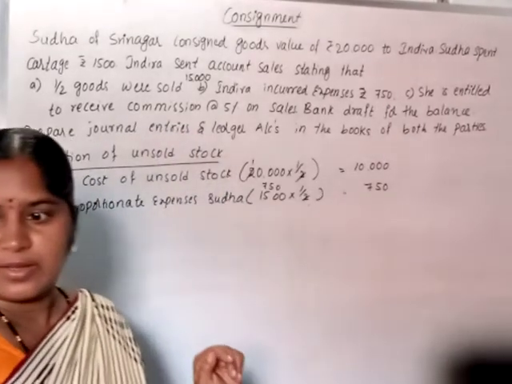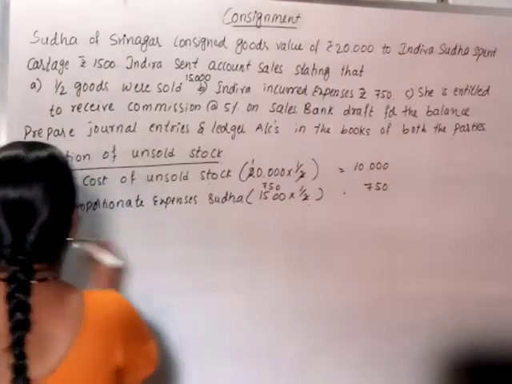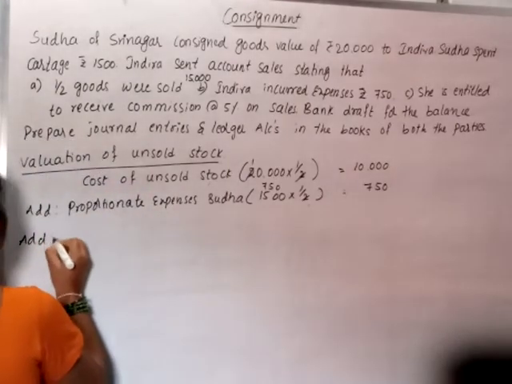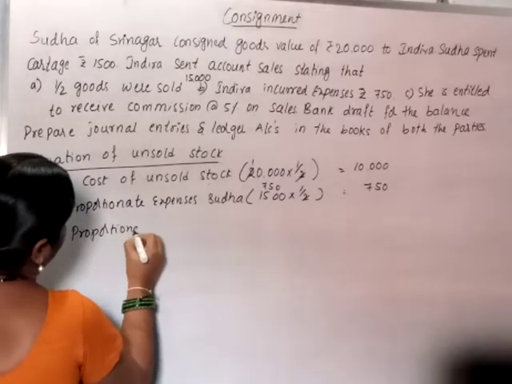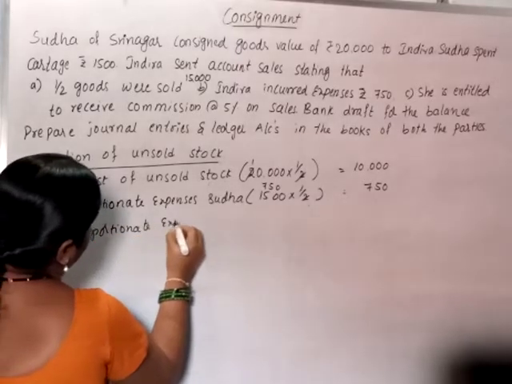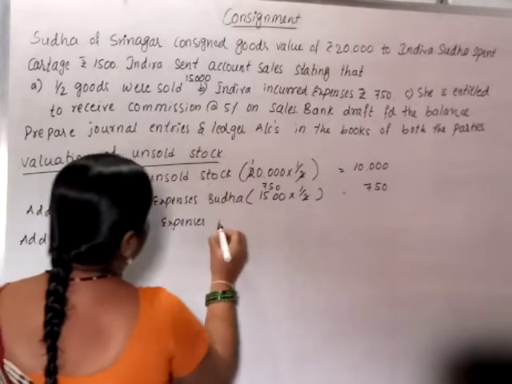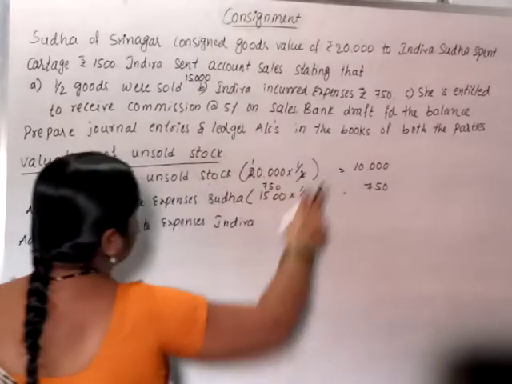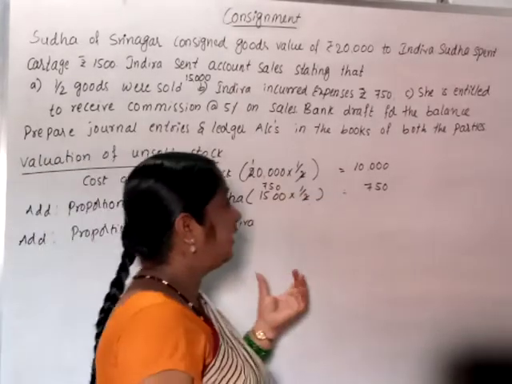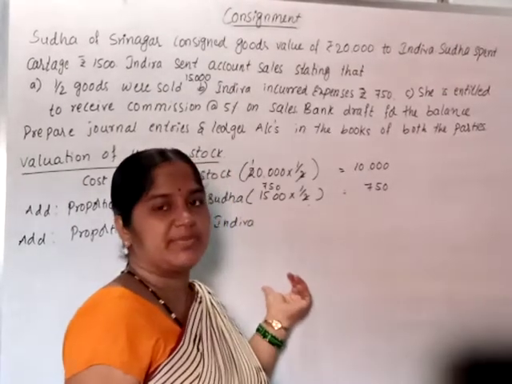Next point is to add the proportionate expenses of the consignee. The consignee here is Indira only. In this problem, Indira paid 750 rupees, but the purpose for which she paid is not given at all.